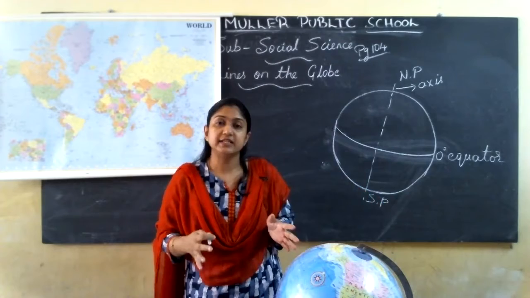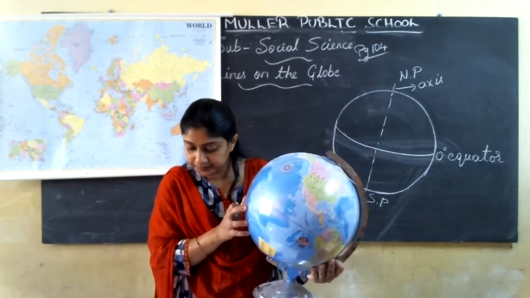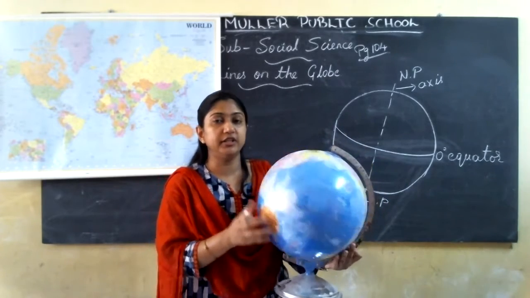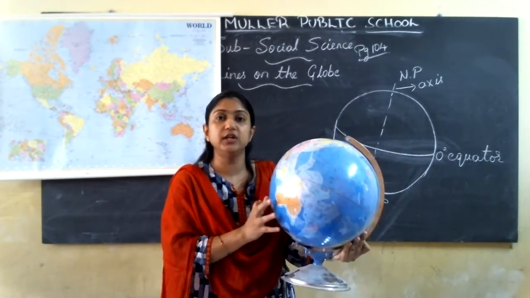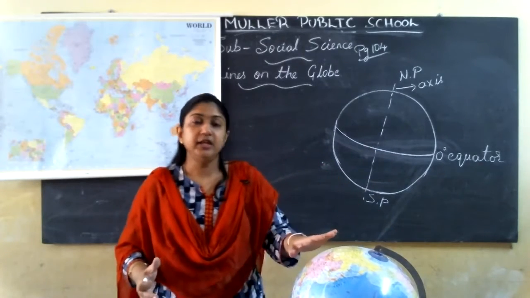And through the globe we can see the continents' shapes and also the countries, oceans and seas. Whatever is there on the planet Earth, we can see it through the globe. Isn't it? It is very precise.